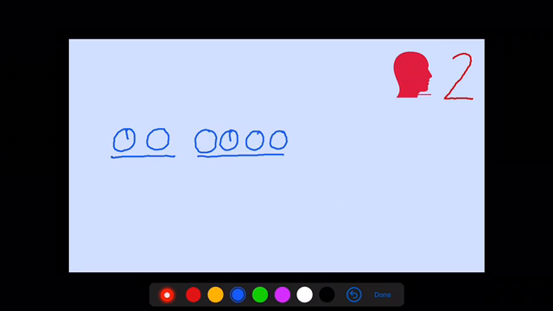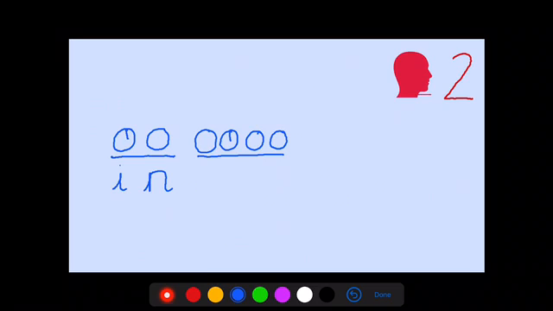Let's write the letters we need. I need the letter I. N, well, my mouth is open and my tongue is just behind my teeth, so I need the letter N. Sist.